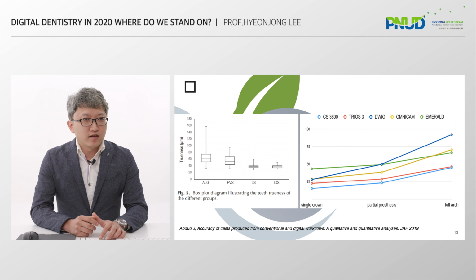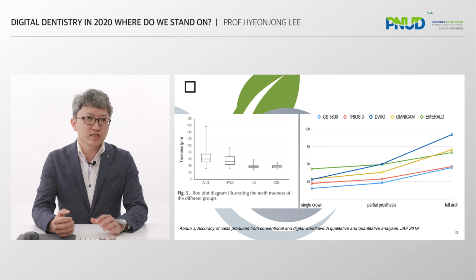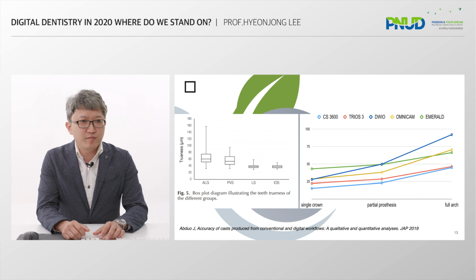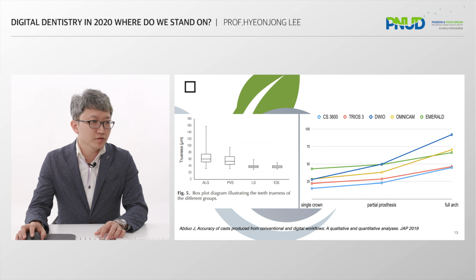Actually, there are lots of comparison studies evaluating the accuracy of intraoral scanners and conventional silicone impressions. Mostly, they say it is hard to find a difference between intraoral scanners and conventional impressions for single crowns. However, in the case of full arch, it seems to need further improvement.